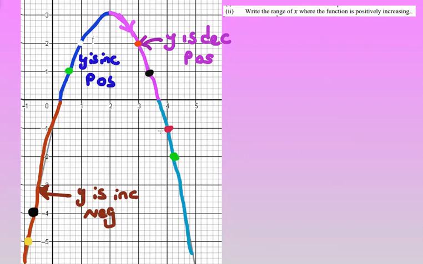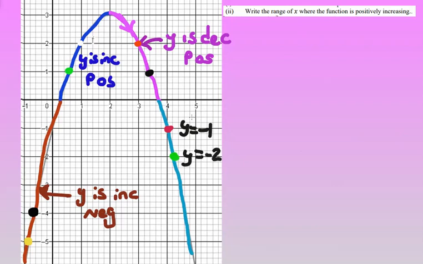What's the red point's y value? Look at the side. You would see -1, so the y value is -1 here. And what's the green point's y value? y equals -2.